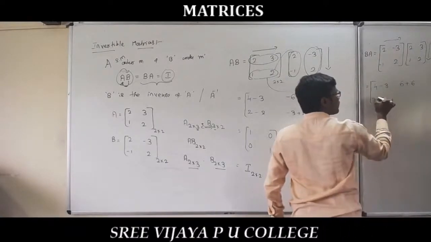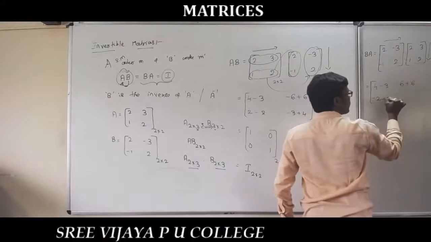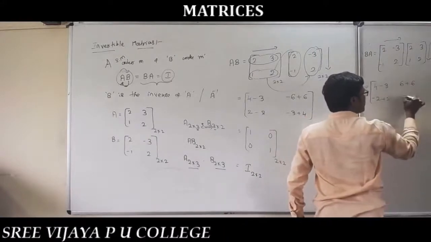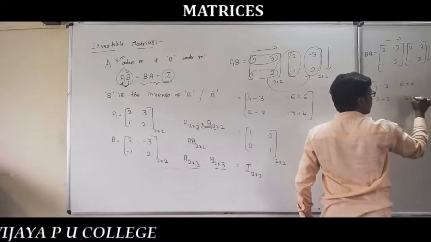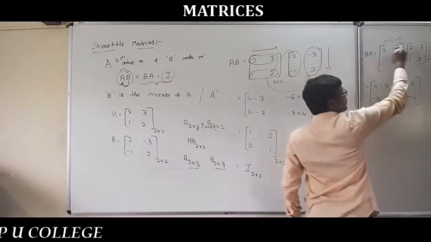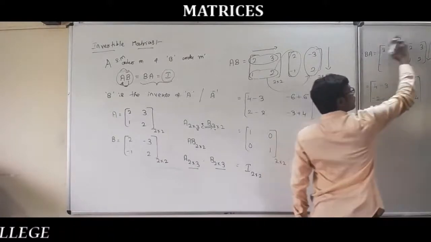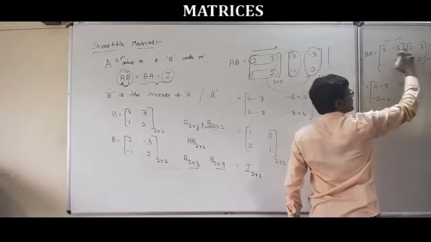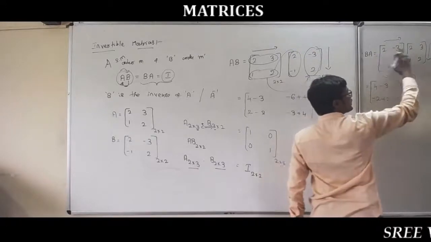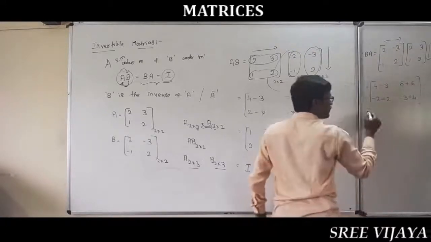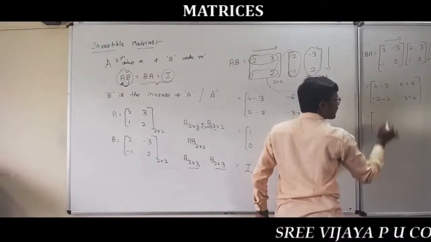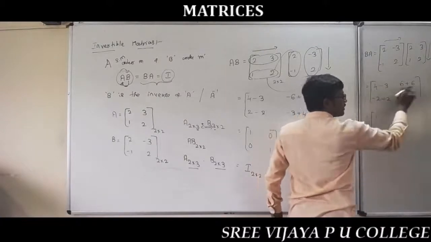Minus 1 into 2 is minus 2, 2 into 1 is 2. Minus 1 into 3 is minus 3, 2 into 2 is 4. First row, first column. First row, second column. Second row, first column. Second row, second column. And what is the remaining answer? 4 minus 3 is 1, and so on.